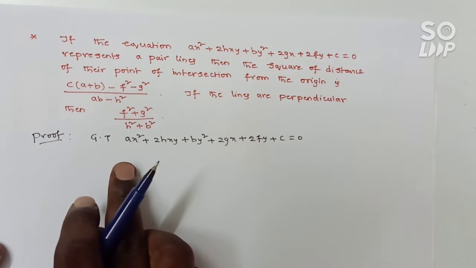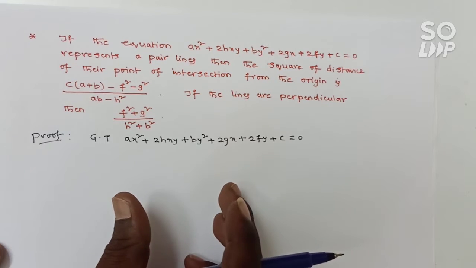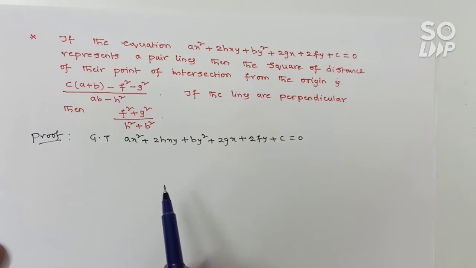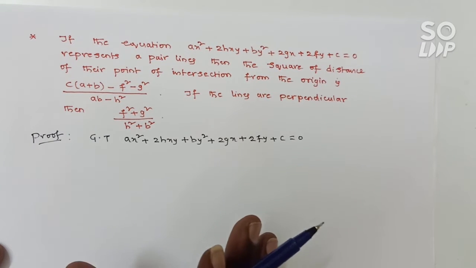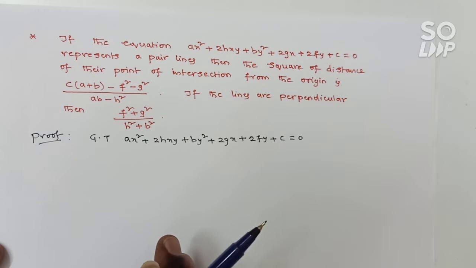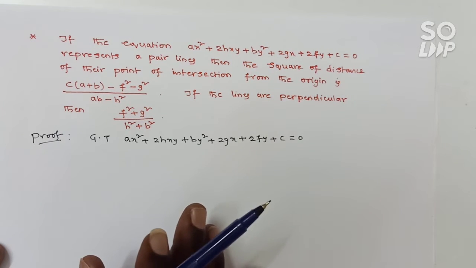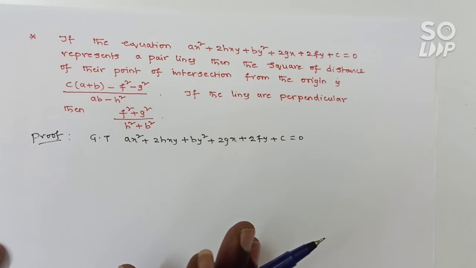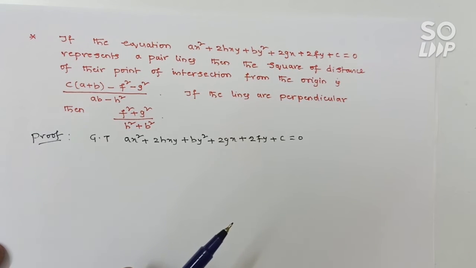Right? We already proved that the point of intersection of the pair of lines is (hf minus bg) by (ab minus h square), comma, (gh minus af) by (ab minus h square).